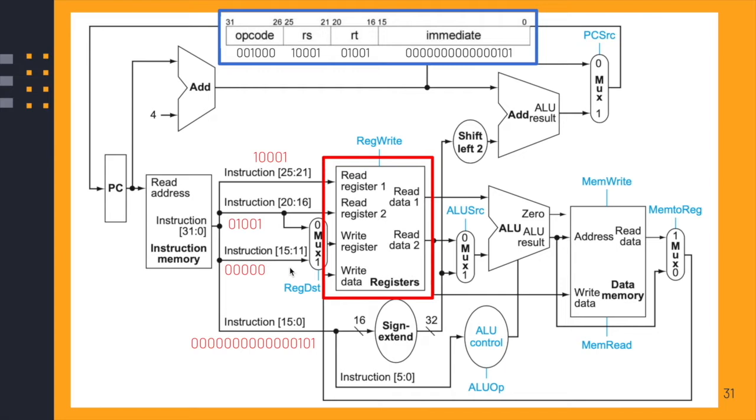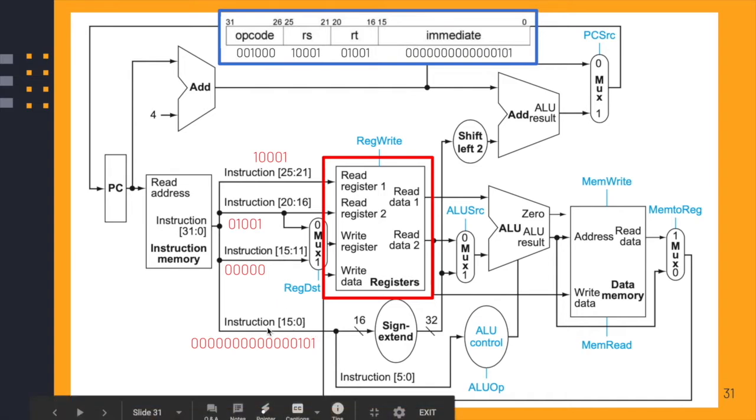But at this stage, I do not know which instruction I am executing, and therefore I will take into consideration all different combinations, and I will try to map this instruction into an R, an I, and a J format. Okay, finally this line, which is instruction bits from 0 to 15, contains what?